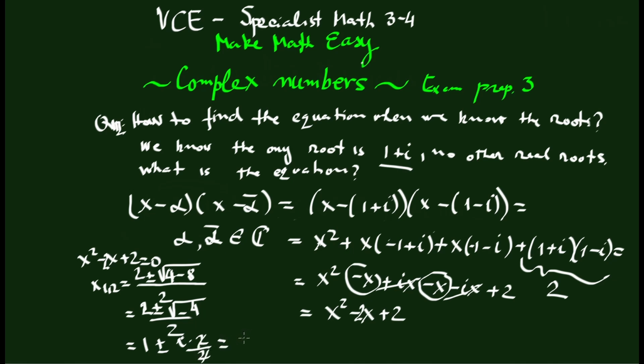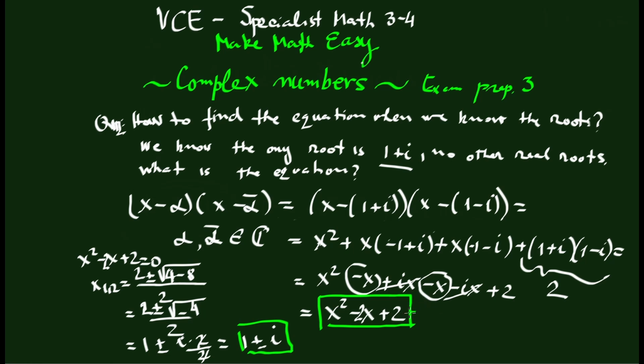So this becomes 1 plus minus i. And we have proven that our equation is this. And that's our equation that we get from knowing the roots.